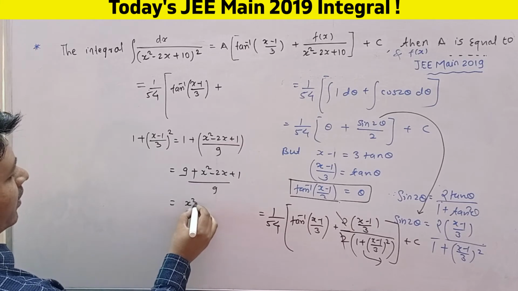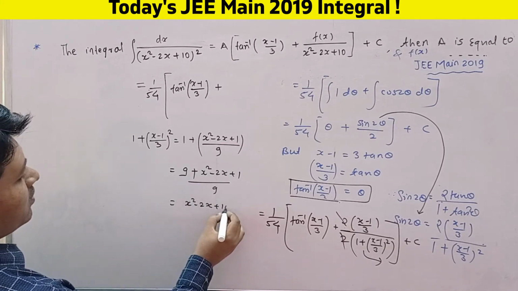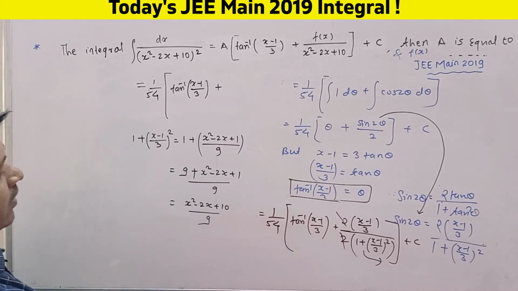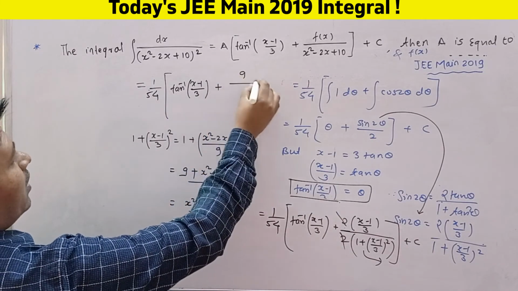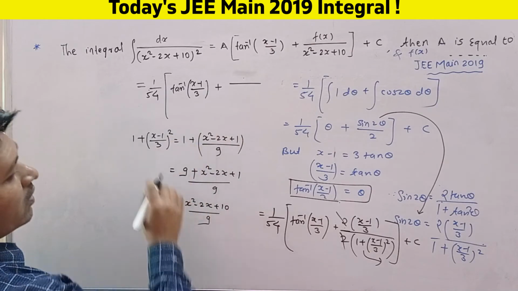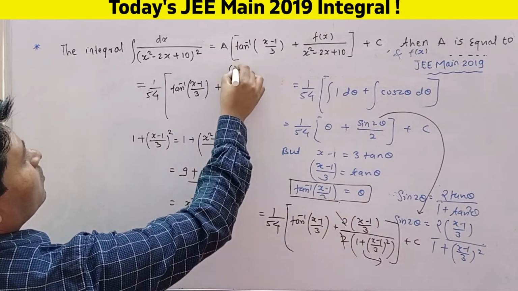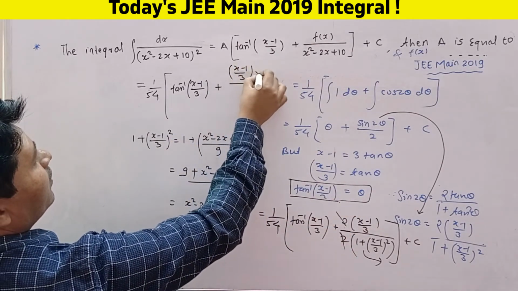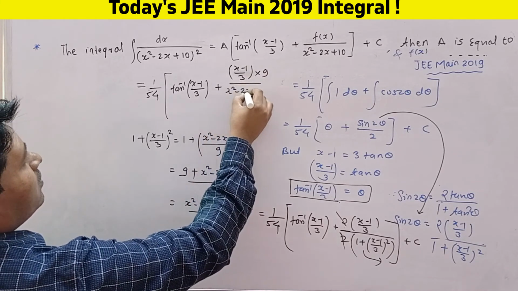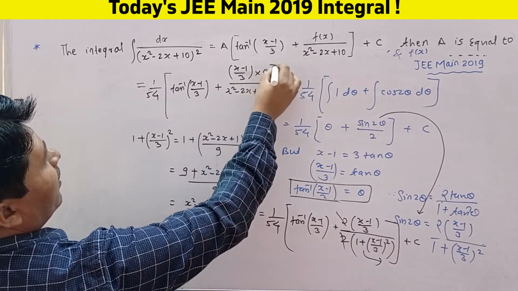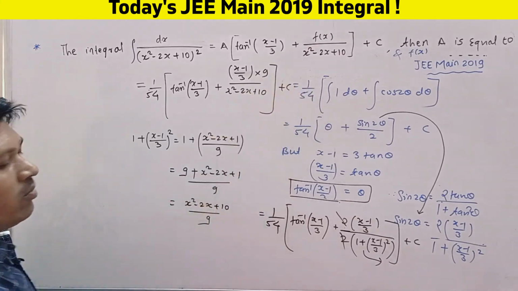Simplifying, 9 plus x square minus 2x plus 1 divided by 9 means x square minus 2x plus 10 divided by 9. This term can be written as x minus 1 divided by 3 into 9, and x square minus 2x plus 10 bracket complete, plus c is the constant of integration.